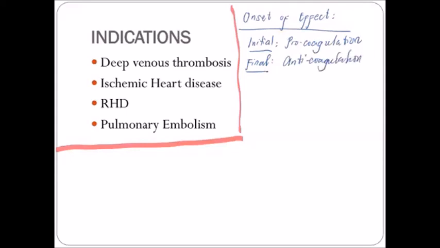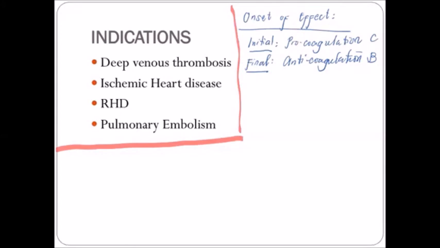Anticoagulation meaning magkakaroon na siya eventually ng bleeding effect. I repeat, initially it's clotting and then ultimately it would become bleeding. So, i-rationalize natin bakit sa umpisa ay clotting and then sa huli merong bleeding. Bakit clot muna, then bakit bleed?